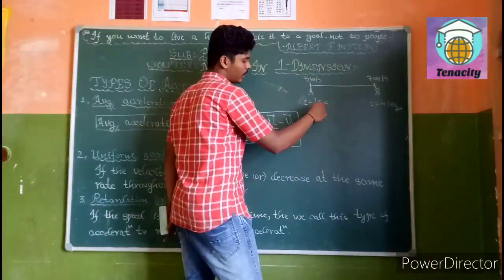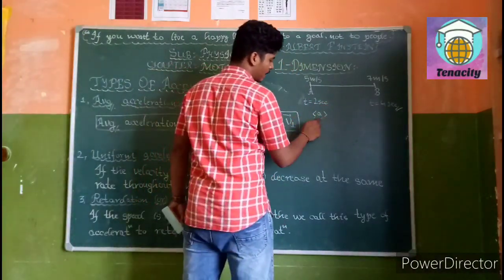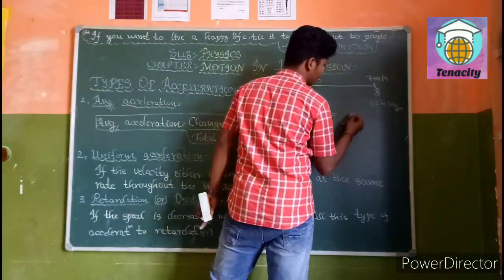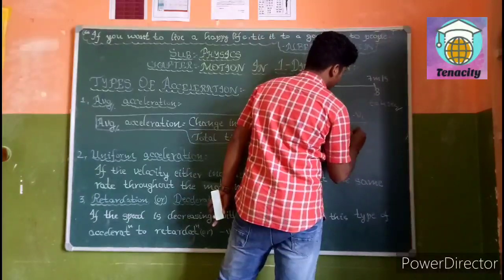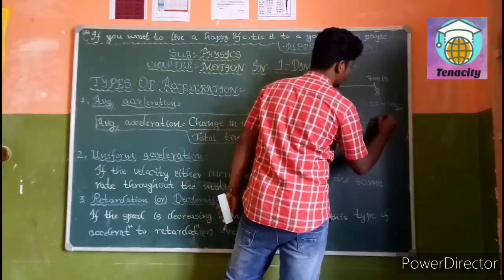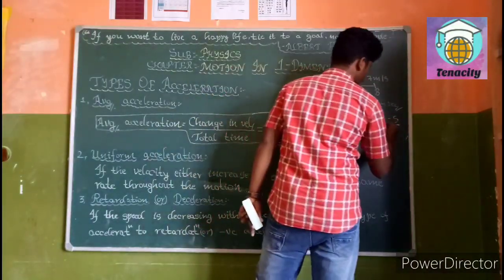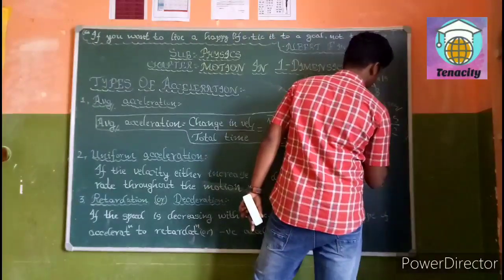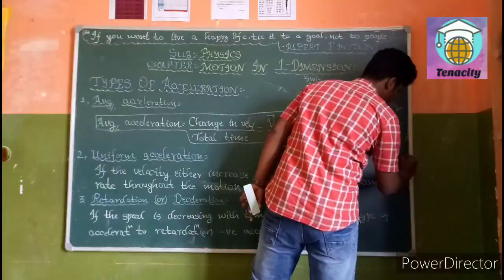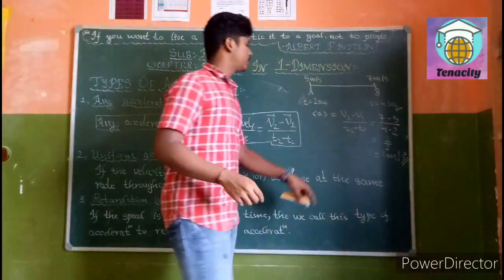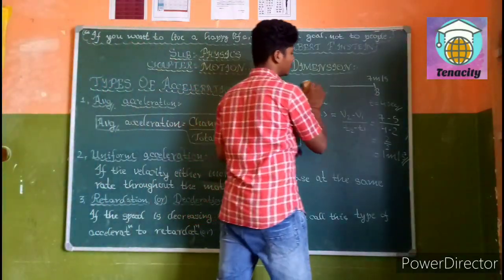So average acceleration is equal to v2 minus v1 by t2 minus t1, that is equal to 7 minus 5 by 4 minus 2, that is equal to 2 by 2, that is equal to 1 meter per second square. So this is an example of average acceleration. I hope you are clear with this problem.